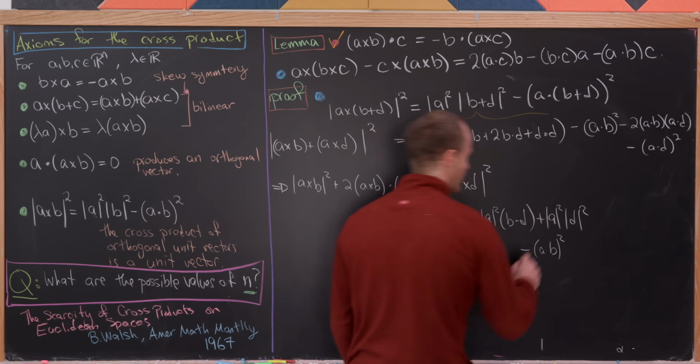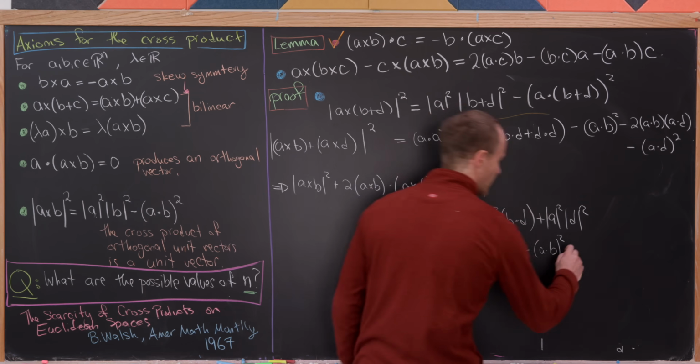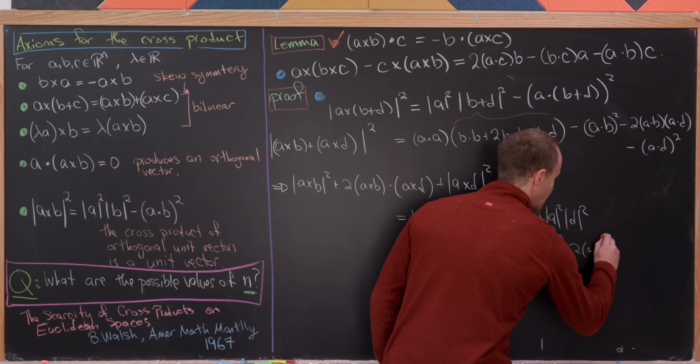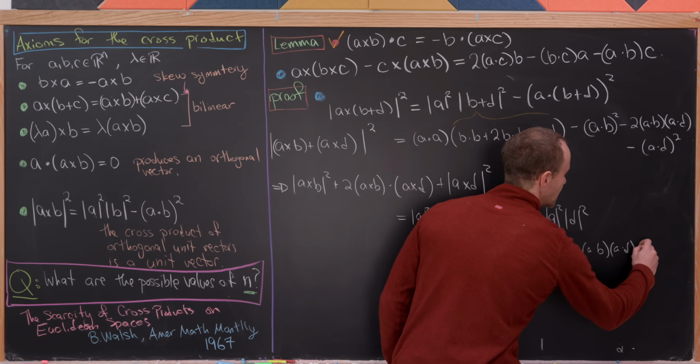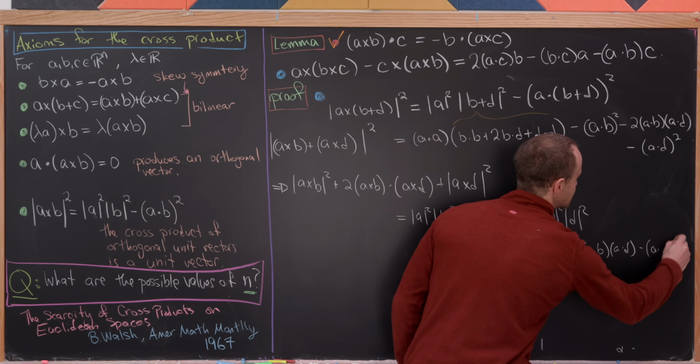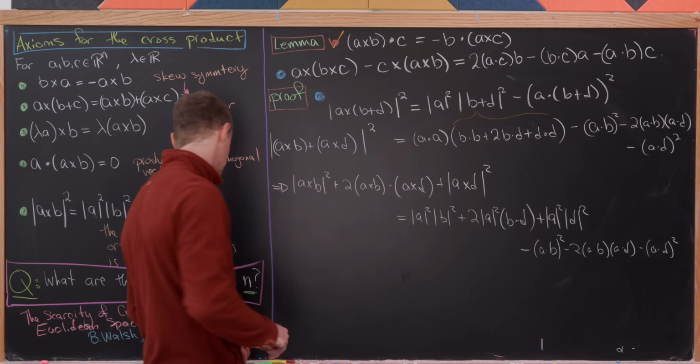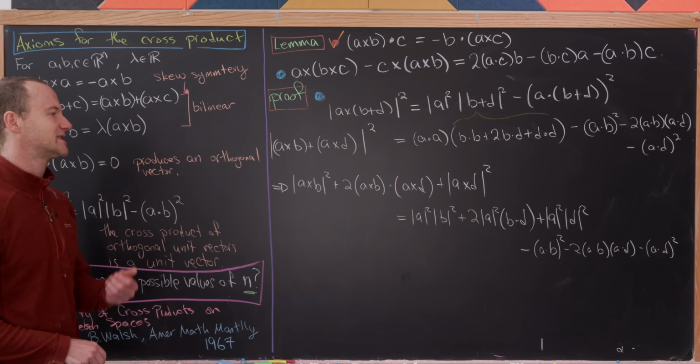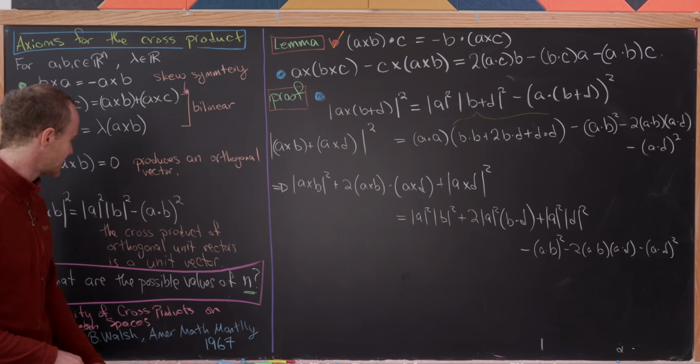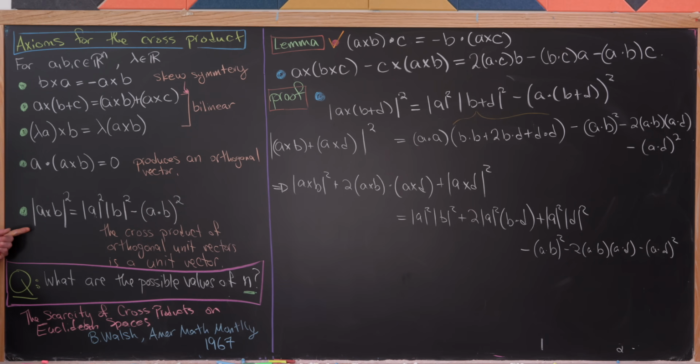So we have this a dot b squared minus 2 a dot b a dot d, and then minus a dot d squared. But now it looks like this is a total mess, but we can simplify it using this rule over here that we have. Notice that on both sides of the equation, we see something that looks exactly like this with an a cross b and with an a cross d.